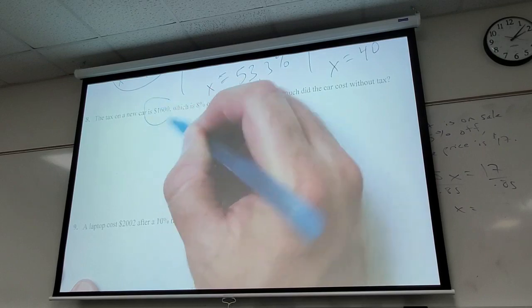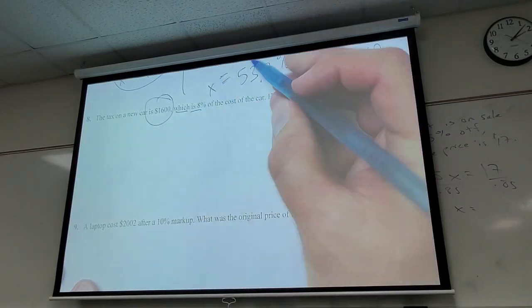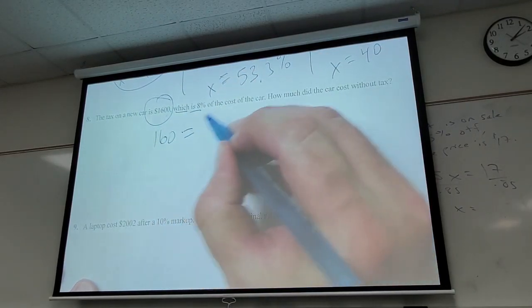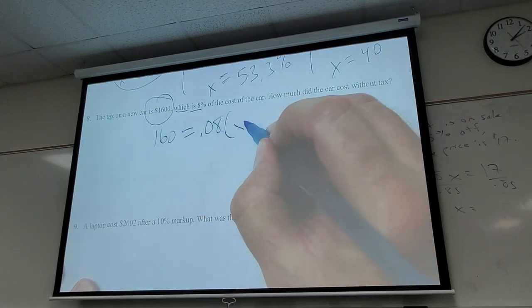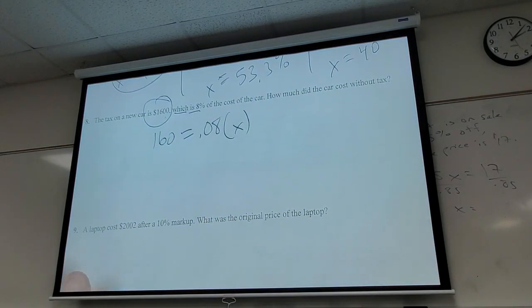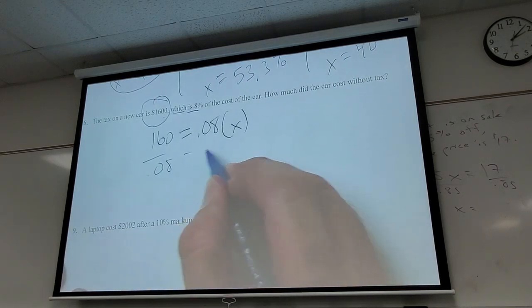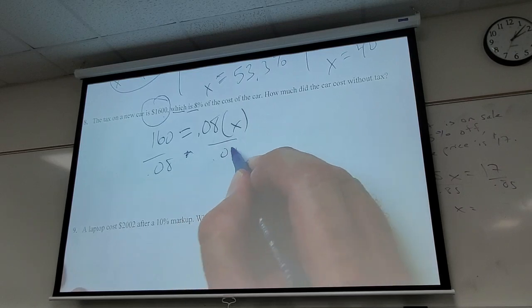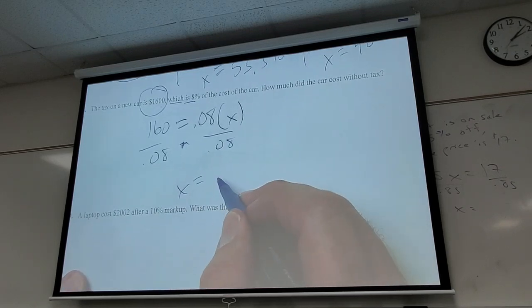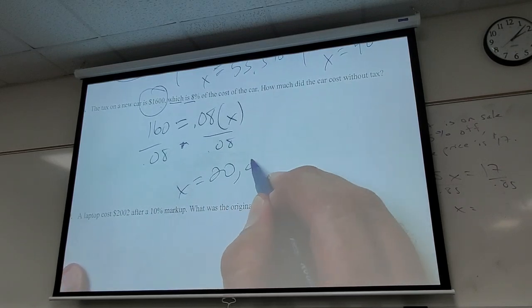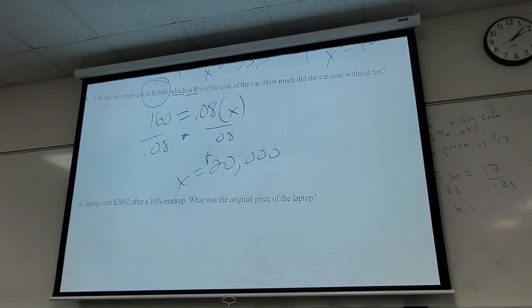The tax is $1,600, so $1,600 is 8% of, I don't know. So that's not a problem. Like the hat problem, that's just direct. So when you divide by 0.08, what do you guys get for the cost of the car? 20,000. Relatively cheap nowadays.